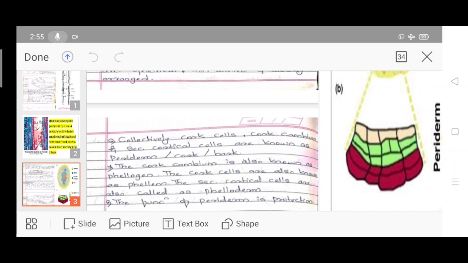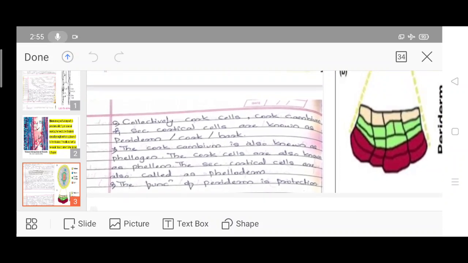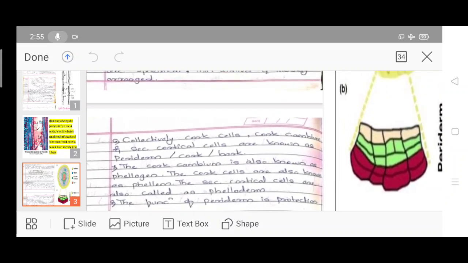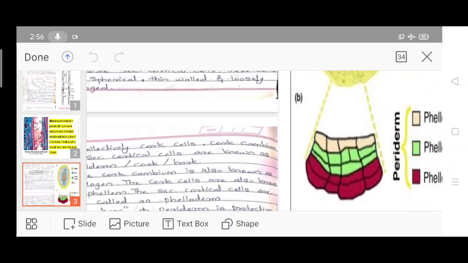The cork cells are also known as phellem, and the secondary cortical cells are also called the phelloderm. So these are the other names of the cork cells, cork cambium and secondary cortical cells. The function of the periderm is protection. As you know, the bark is the outer part of the stem, so it can protect from the environment.